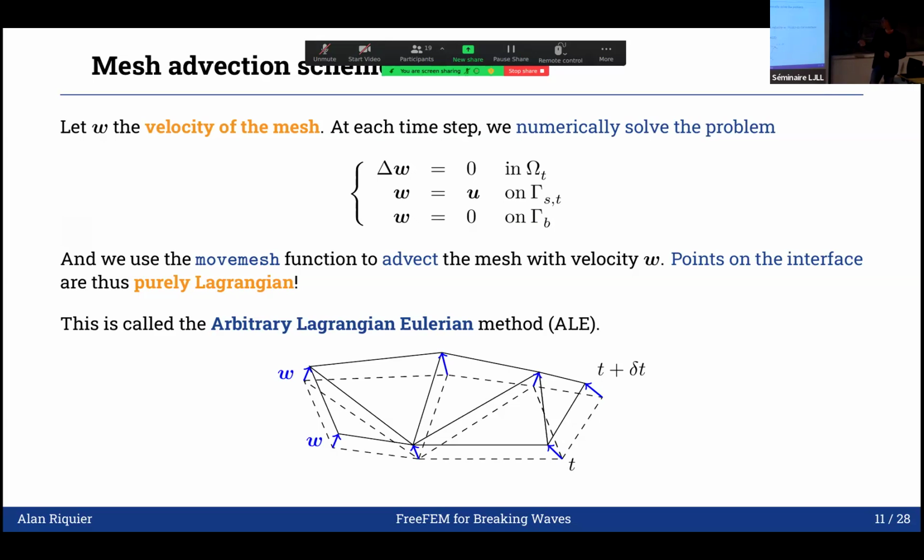So the Laplacian of W is 0, where W is the velocity of the mesh. On the interface, I want W to be equal to the velocity of the fluid. And I want W to be 0 on the bottom so that the interface is advected in a Lagrangian manner, while on the bottom, there is no advection at all.